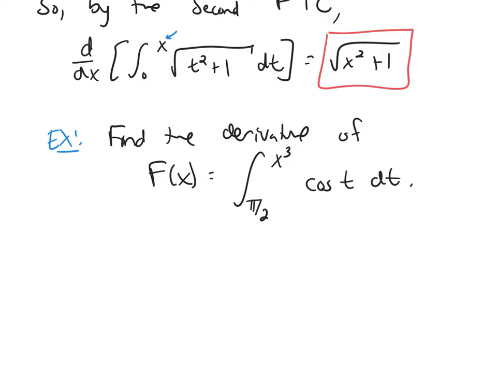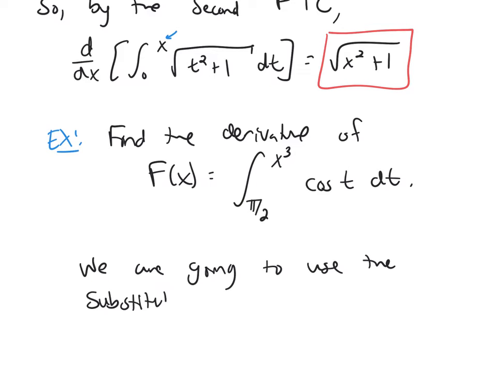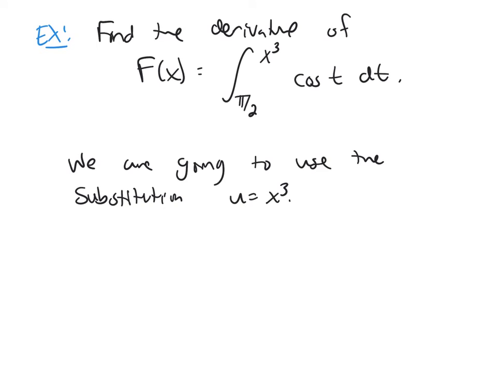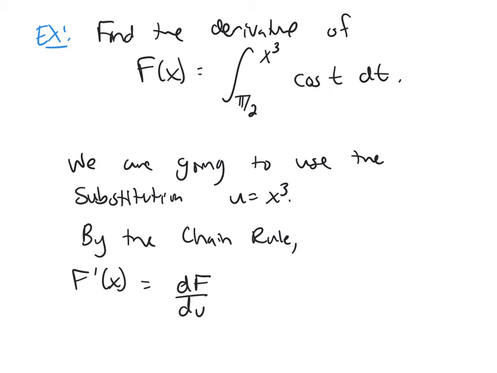So the idea here is that we are going to use the substitution u equals x cubed. So by the chain rule, we have that F prime of x is the derivative of F with respect to u times the derivative of u with respect to x.